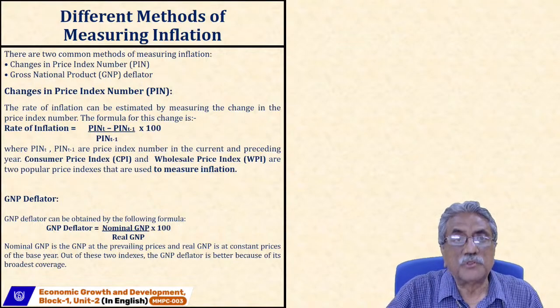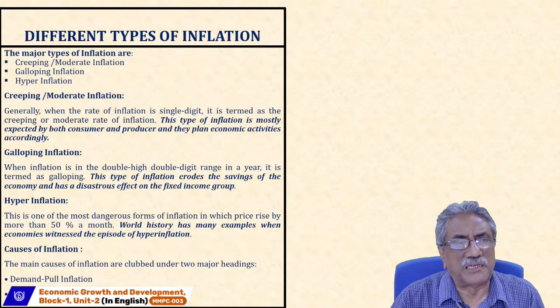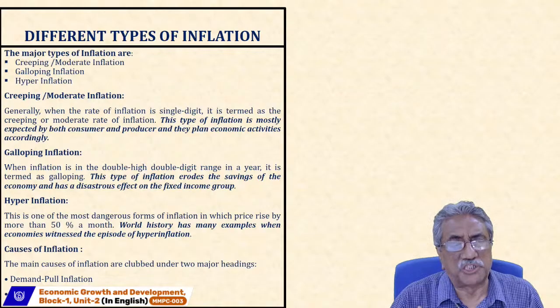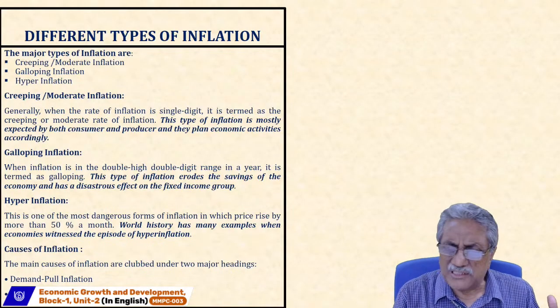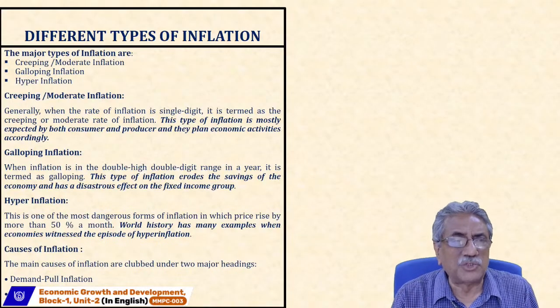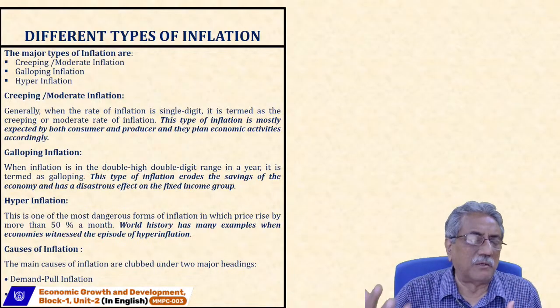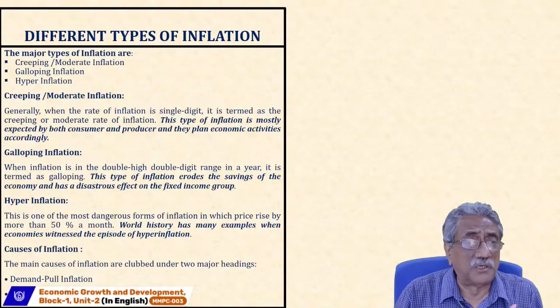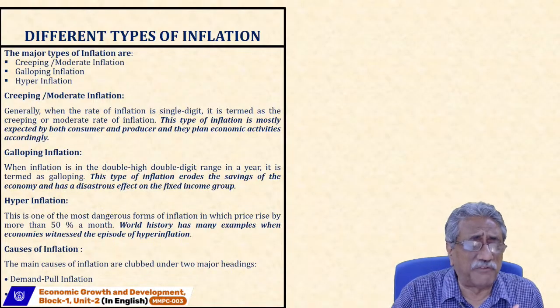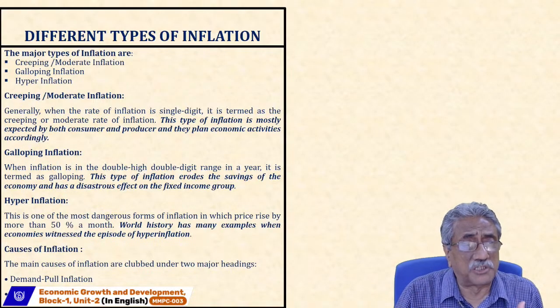Now we'll go to different types of inflation: creeping inflation, galloping inflation, hyperinflation. If the price is generally rising slowly, it's okay, it's moderate inflation. But if it is jumping, onion I was buying at 15 rupees has become 30 rupees, or 20 rupees, 25 rupees, it's galloping inflation.